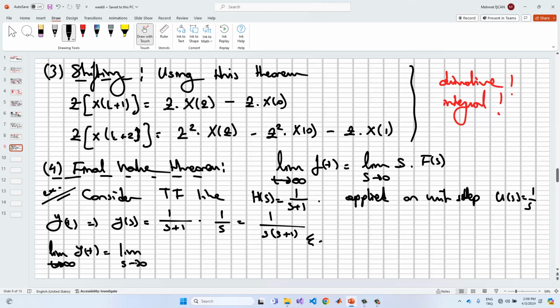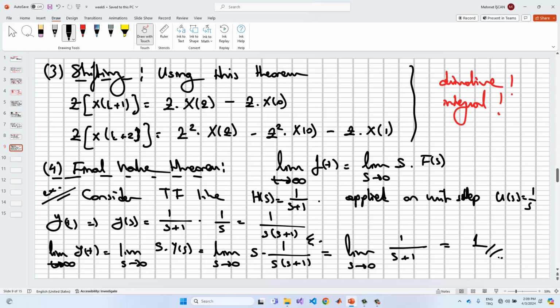It's the inverse of the time. Okay, and so s times Y(s) should be multiplied, and also the limit as s goes to 0 of s times 1 over s(s plus 1), which is equal to the limit as s goes to 0 of 1 over s plus 1, which is equal to 1, right? Because this s represents 0, and so 1 divided by 1 is equal to 1.